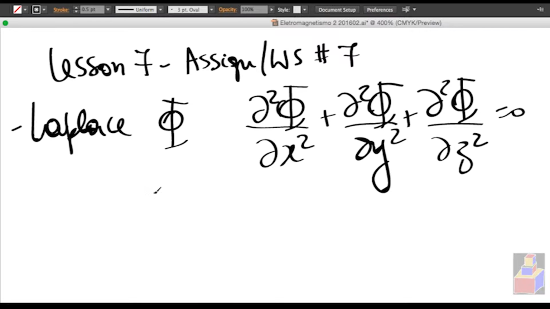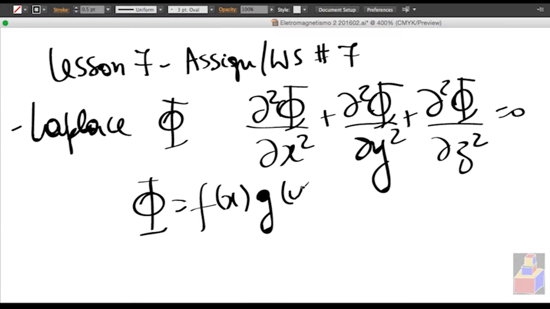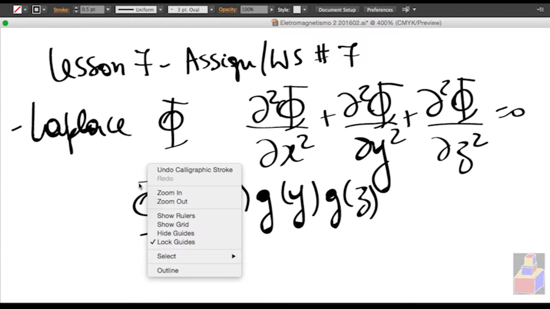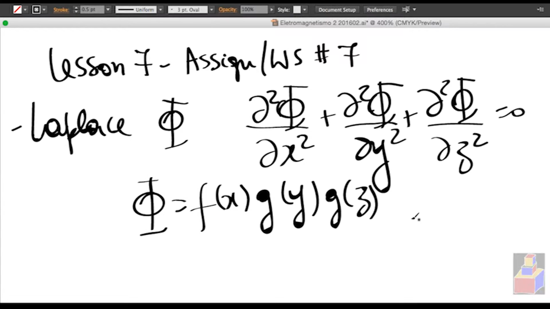But in general, you can search for solutions which are the product of 3 functions of a single variable. Okay. And when you work this out, we are going to find equations that fall into the eigenvalue equation that I showed before. So we solve for each one. Okay. So the Laplace equation can be solved, and ultimately you fall into those eigenvalue equations.